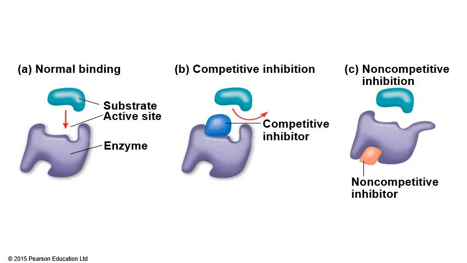And the third one is showing the non-competitive inhibition. That inhibitor does not bind into the active site. Instead, it's going to bind into some other site than the active site.